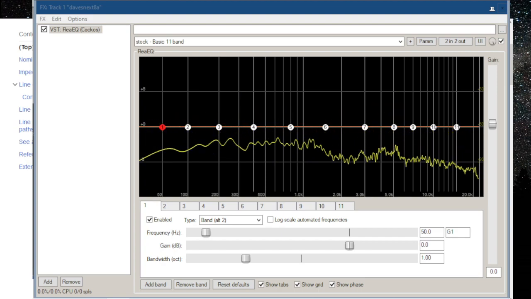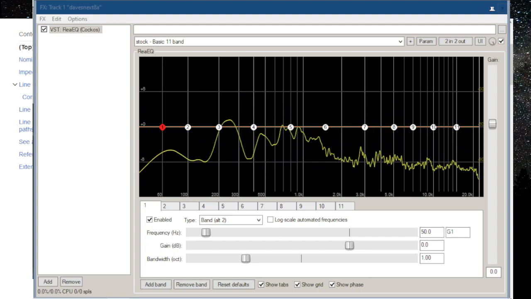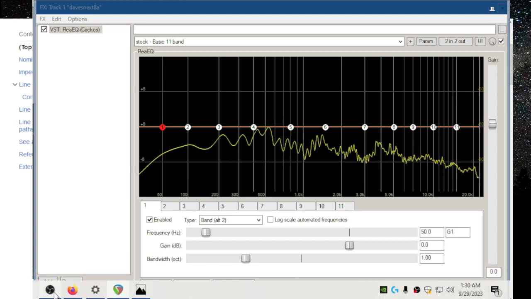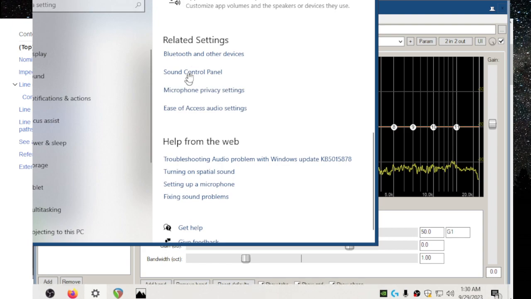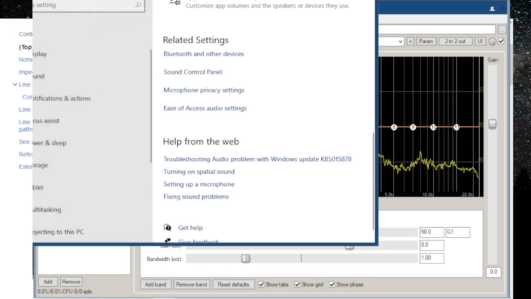Can I hear myself? I want to hear myself talk. Let me go look at the sound control panel real quick here. Oops, wait a minute. Hello.